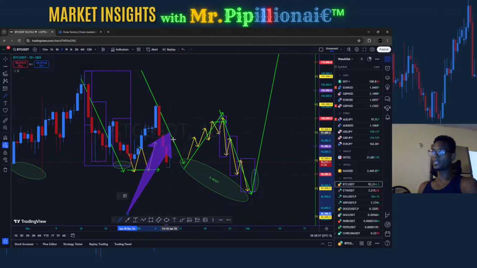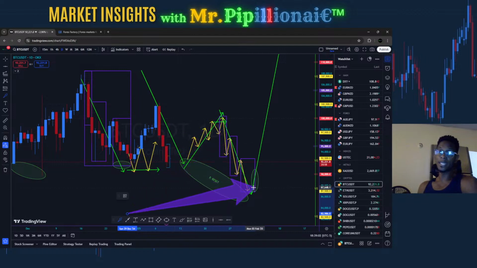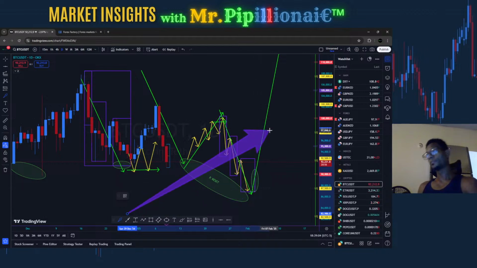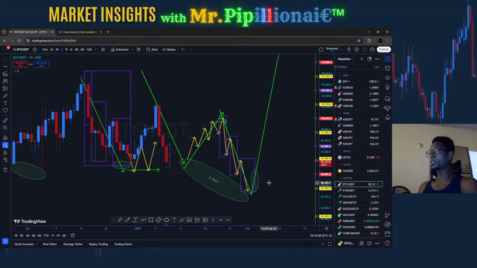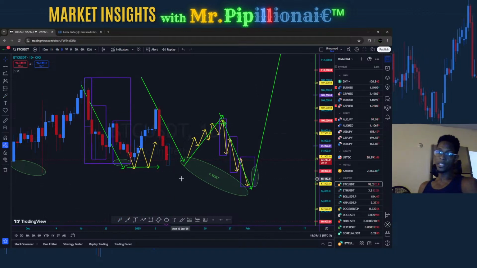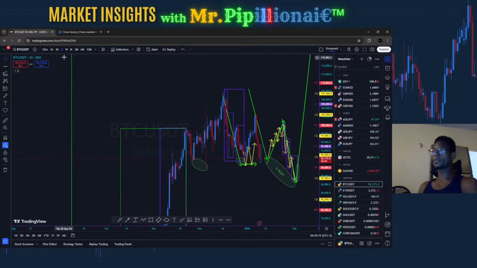So this green line and these lines here are just an illustration of what I can potentially expect to happen. And then we can look out to see if we can get some entries to go bullish. We can start to purchase the underlying asset, as well as utilize futures to make some investments as well, right? So across the board this actually happens.